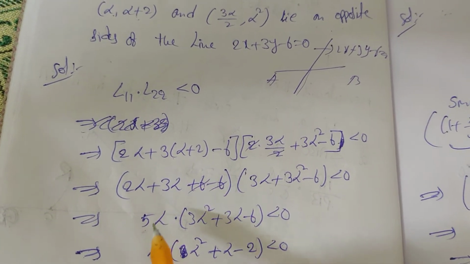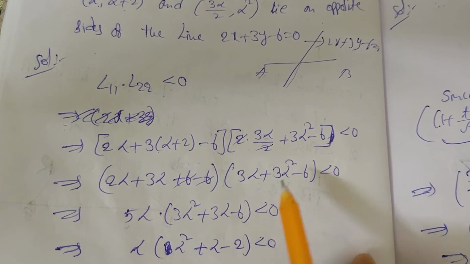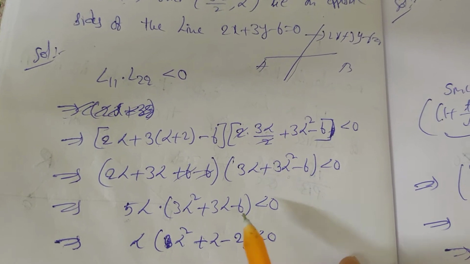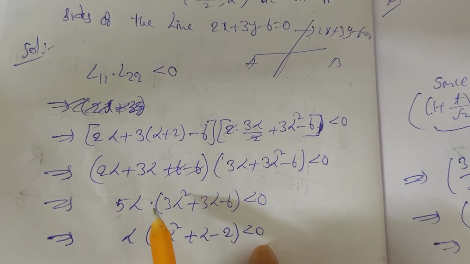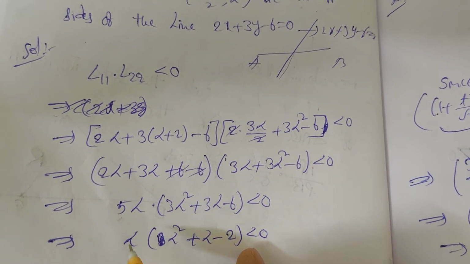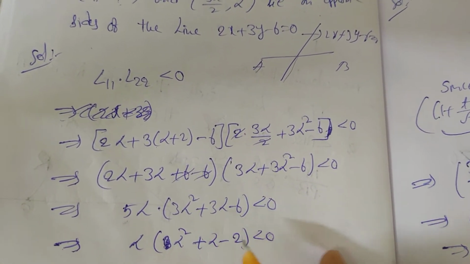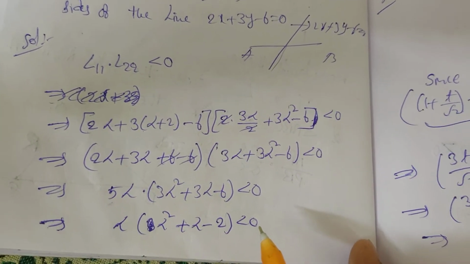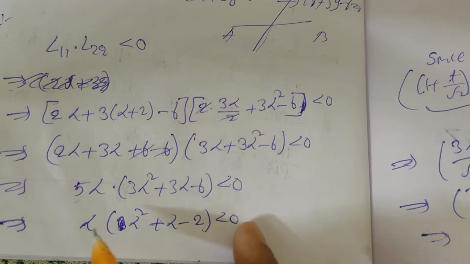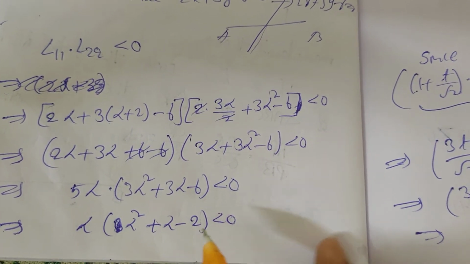So 2 alpha plus 3 alpha is 5 alpha, into 3 alpha square plus 3 alpha minus 6 less than 0. Here 3 is common. If you take 3 common, 3 fives are 15, into alpha and alpha square plus alpha minus 2. This 15 transposed to the right side, 0 by 15 gives 0. So we have alpha into alpha square plus alpha minus 2 less than 0.